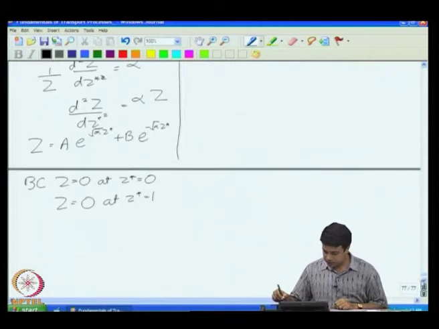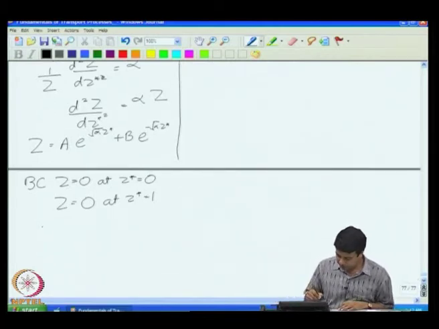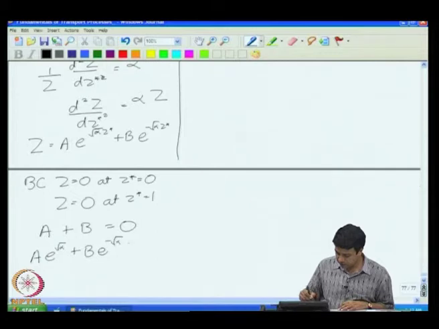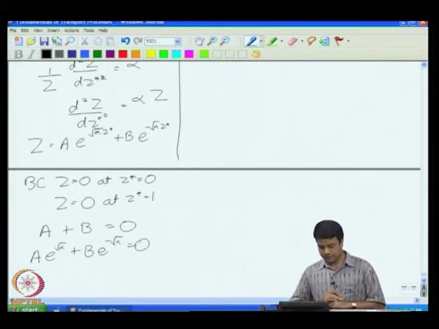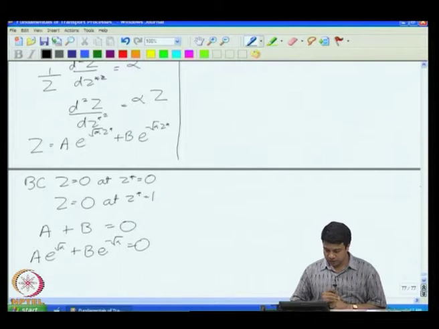Insert those boundary conditions here and I will get a plus b is equal to 0, and a times e power root alpha plus b e power minus root alpha is equal to 0. I just put z star is equal to 0 in the first equation, and z star is equal to 1 in the second equation.